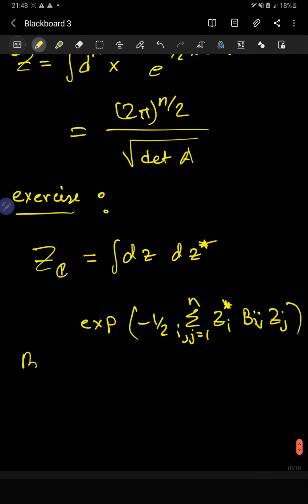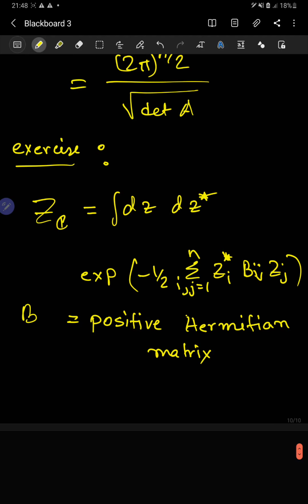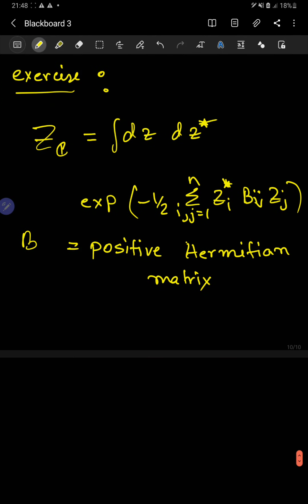So here B is equal to a positive Hermitian matrix. For our real case, it was a symmetric matrix, but in here it's a positive Hermitian matrix.